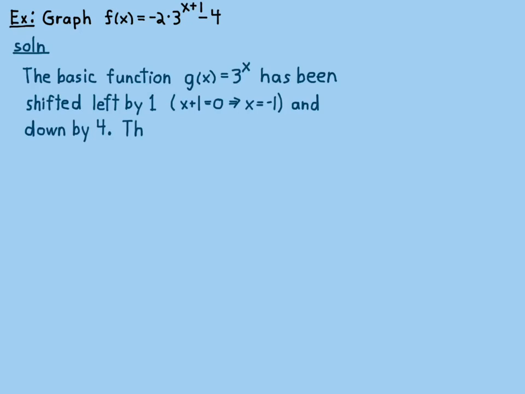Inside of the exponential function is the exponent. We call that the argument. The argument of a function is the stuff inside the function. So you set the argument equal to 0 and solve for x, and you get x is -1, means that you had to shift the whole thing to the left by 1.